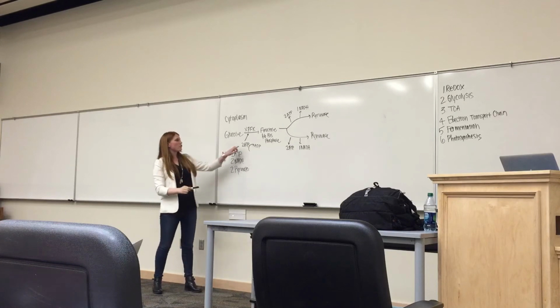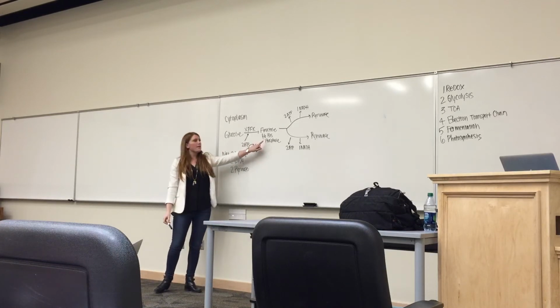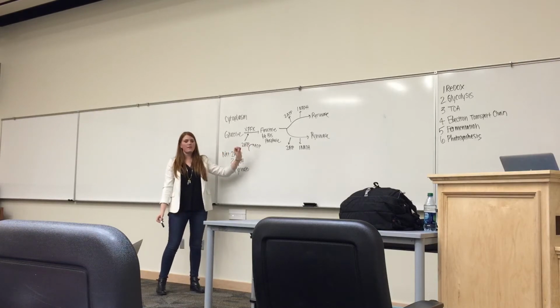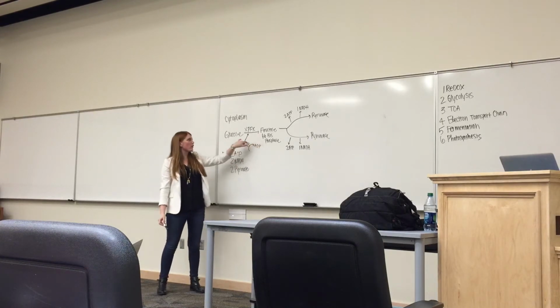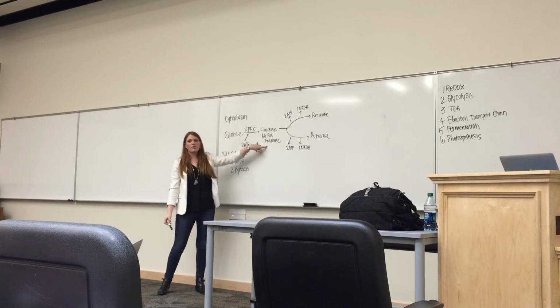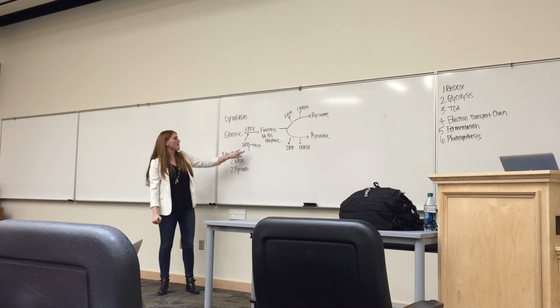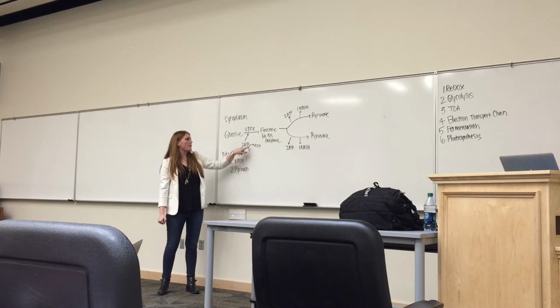Because bis means 2, and we're using 2 ATP, which means we're extracting 2 phosphate molecules. Those phosphate molecules are going to go onto the glucose to form this fructose 1,6-bisphosphate. So is it just describing the 2 phosphates on the fructose? Yes, the 2 phosphates on the fructose from ATP.